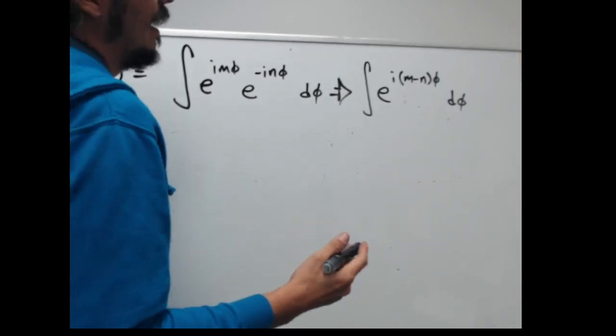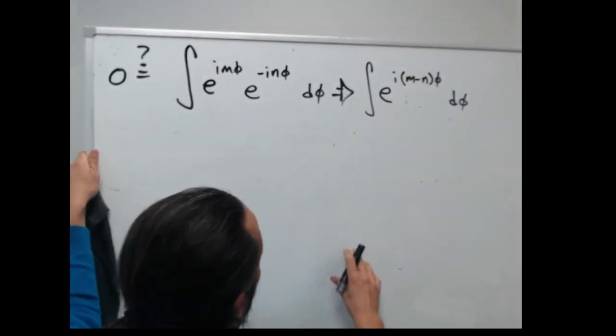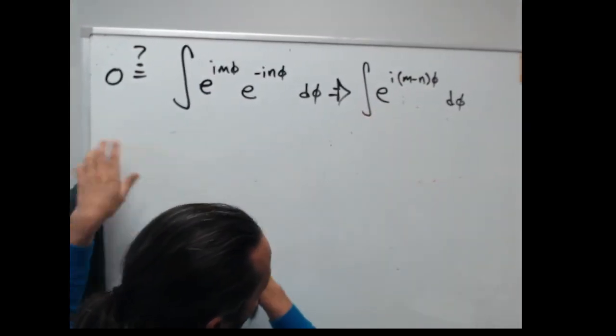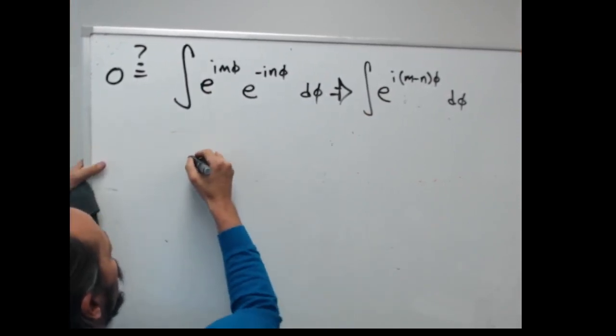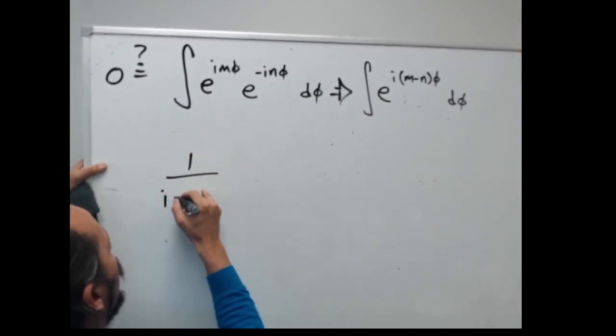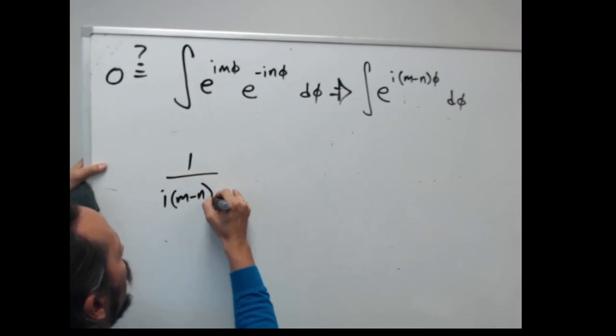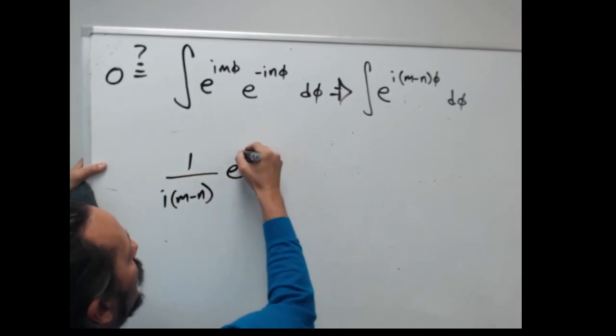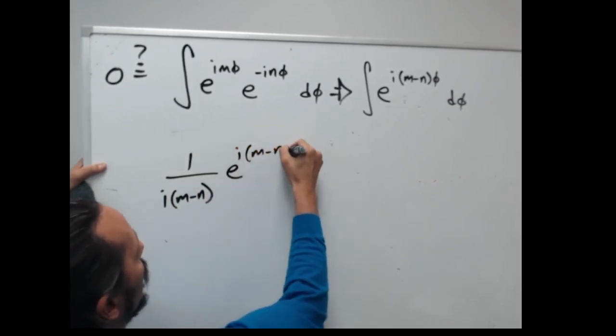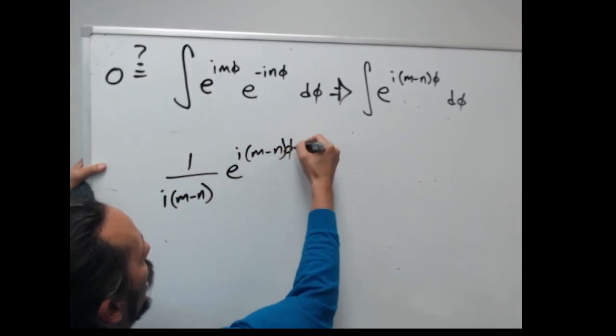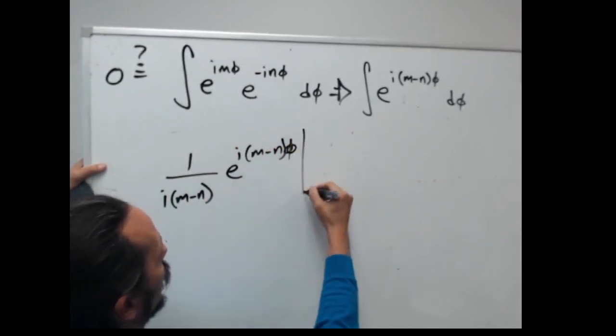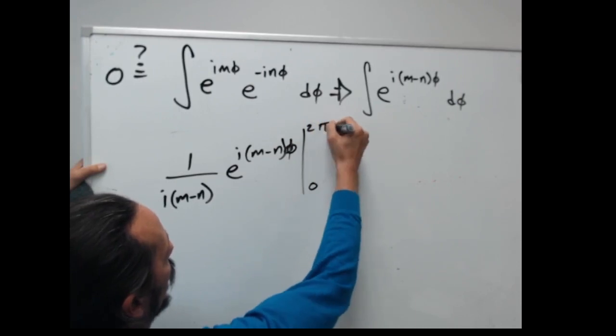So the integral of this, there is a generic integral for this thing, and that's going to be 1 over I m minus n, e to the I m minus n phi, from 0 to 2 pi.